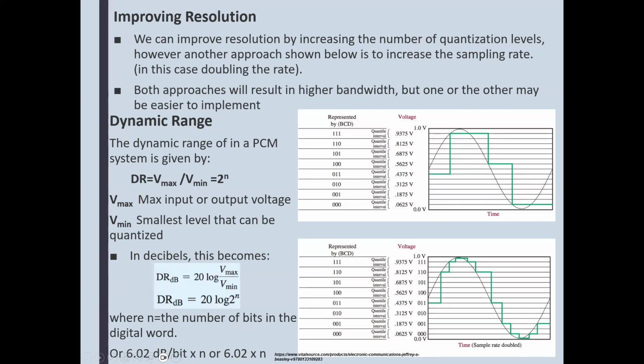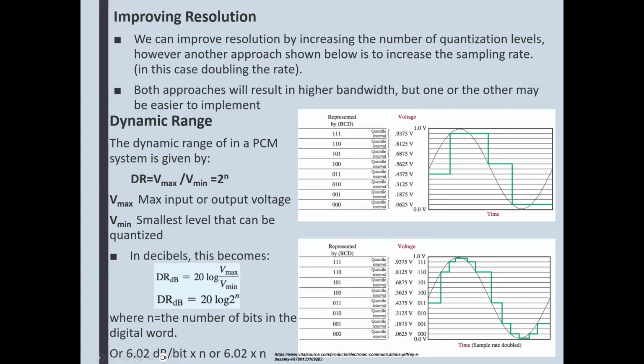6.02 dB per bit times n. Where does the 6 come from? We're dealing with voltages.